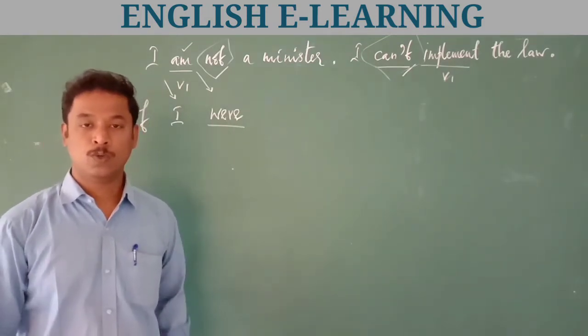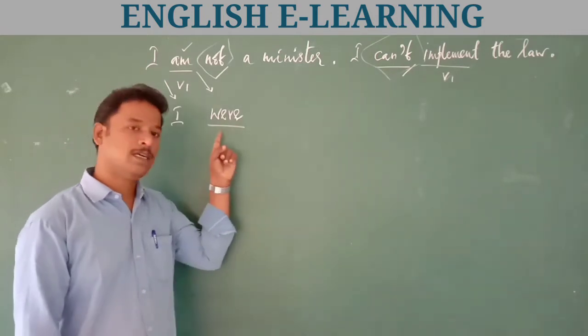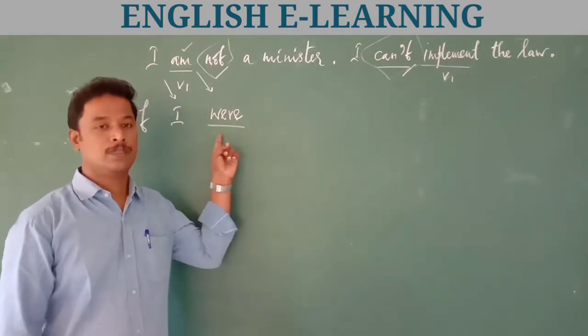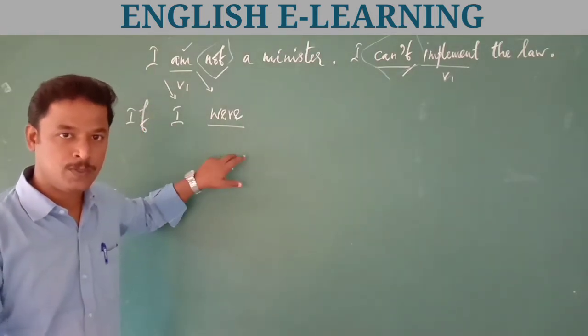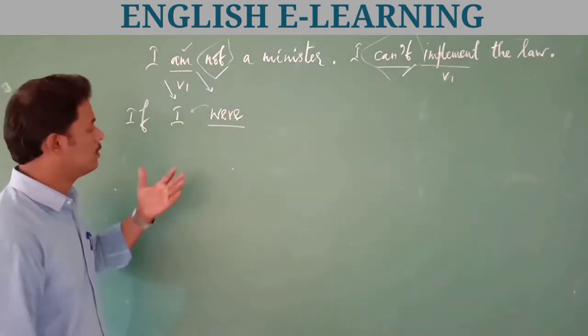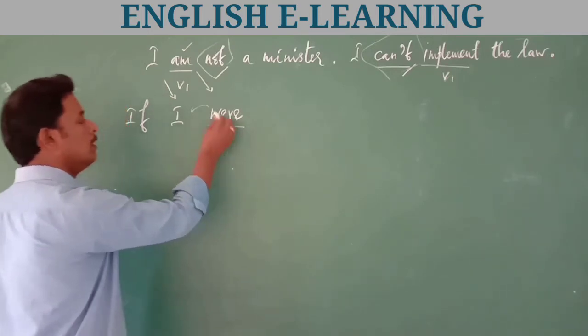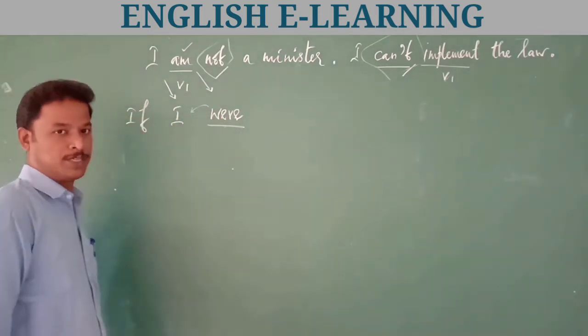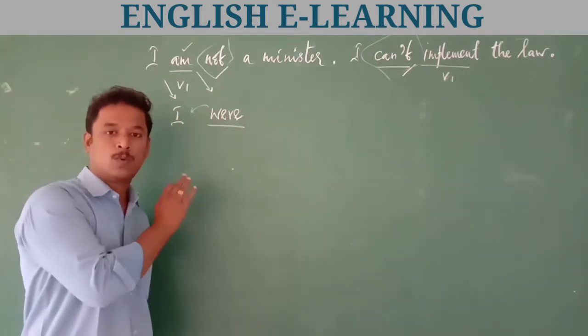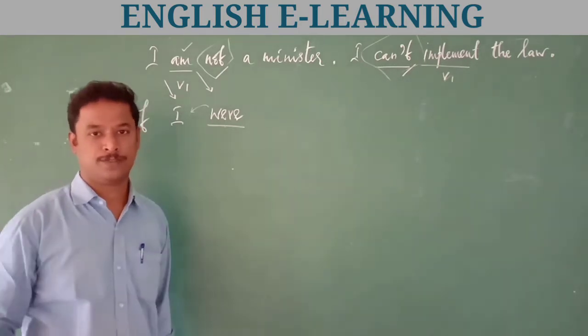That is, those must be written like this. These three should be changed into were, because there is no chance of bringing this plural verb after the singular subject. It happens only in imaginary condition.